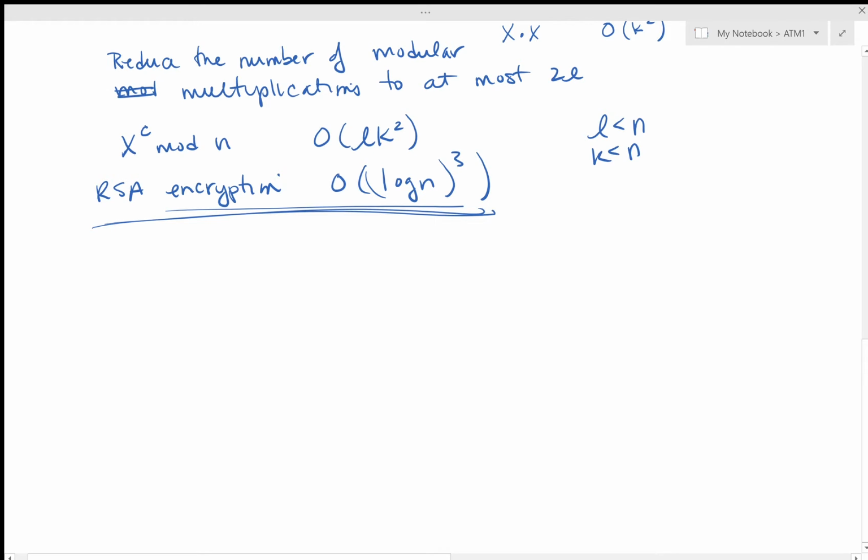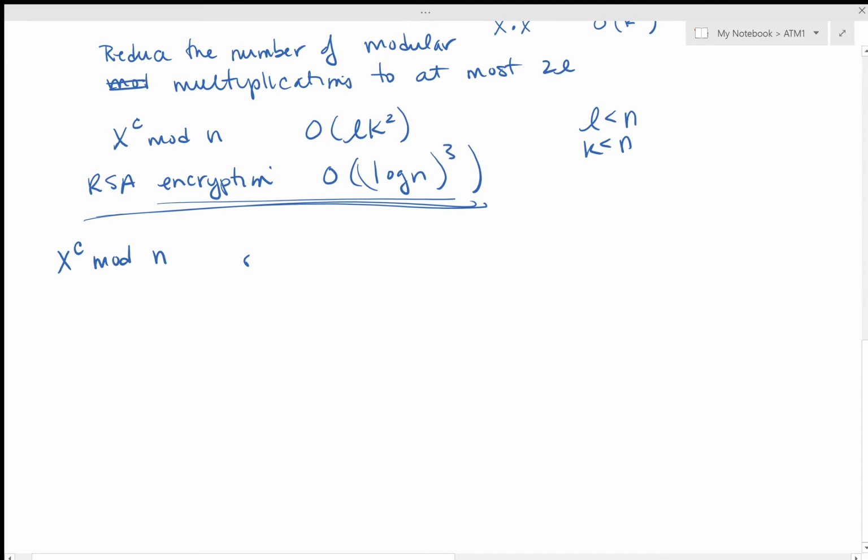This is the thing that we're trying to do. We are going to take c and represent it in binary.